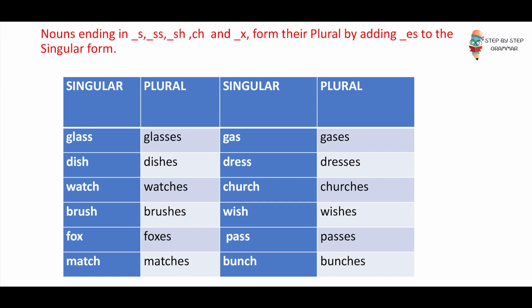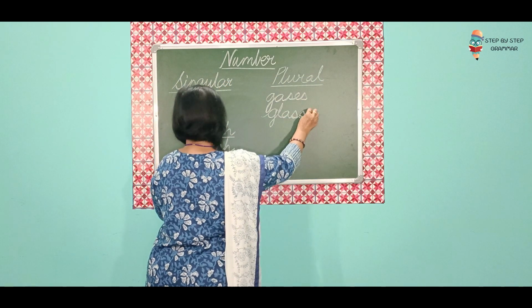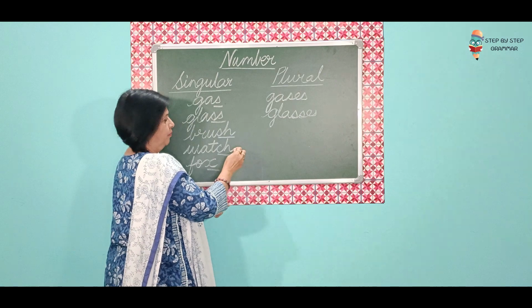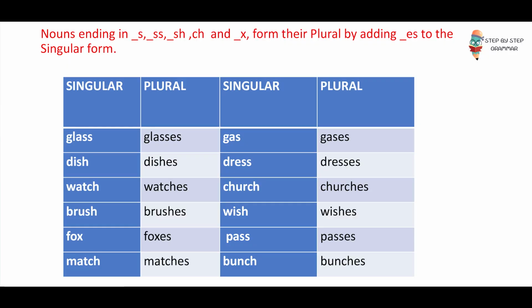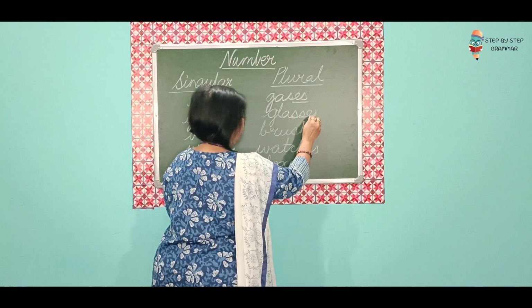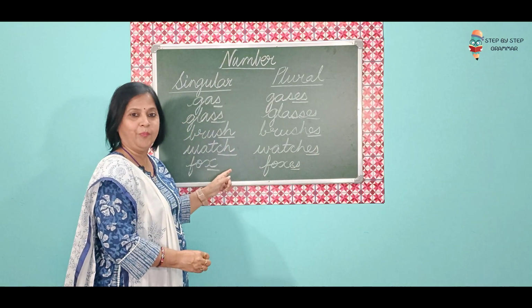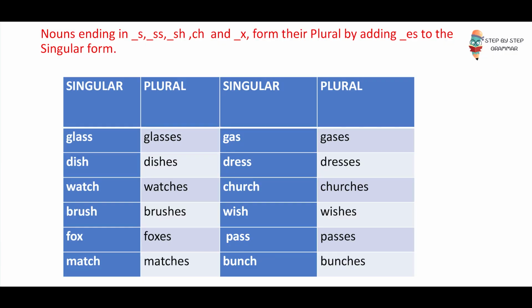Again add es. So, glass will become glasses. Brush will become brushes. Watch will become watches. And fox will become foxes. Very easy. So, what have we done? Everywhere we have added es to the singular form. And there are some examples also given which you can see in the slide in front of you.